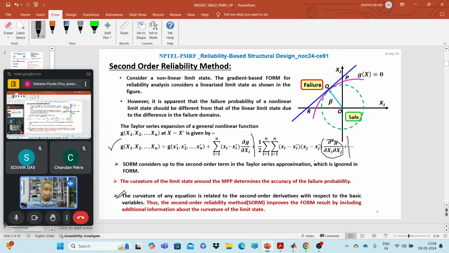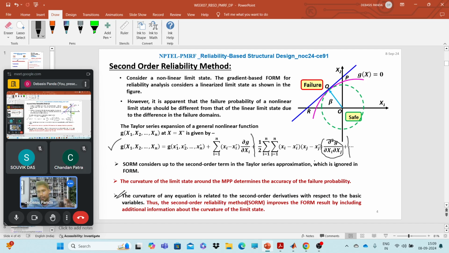So the basic difference between the first order and second order methods: in the first order method we consider up to the first order term, that means we linearize the limit state function by truncating the series up to the first order term, and in the second order reliability method we go up to the second order term, so that the curvature related to that nonlinear limit state function we can incorporate within the estimation of the probability of failure. That is the basic concept for the second order reliability method.